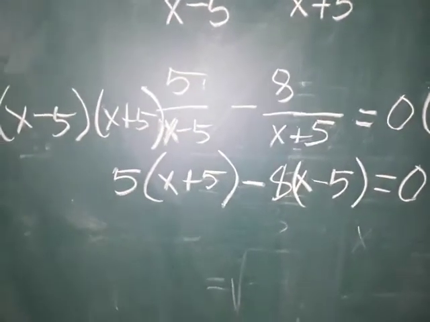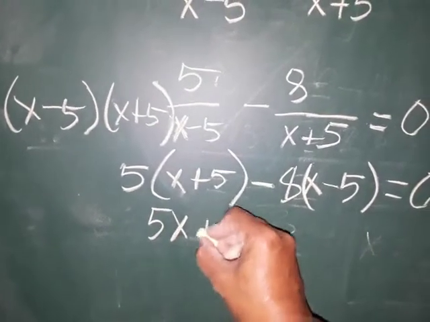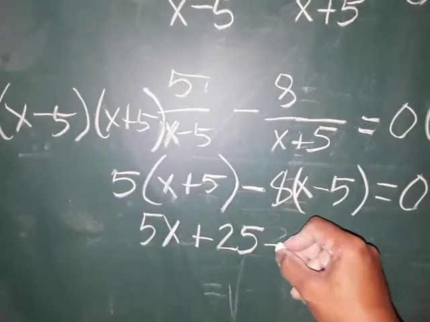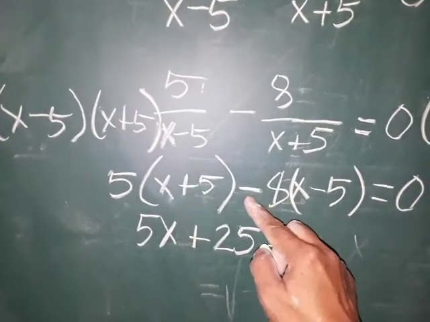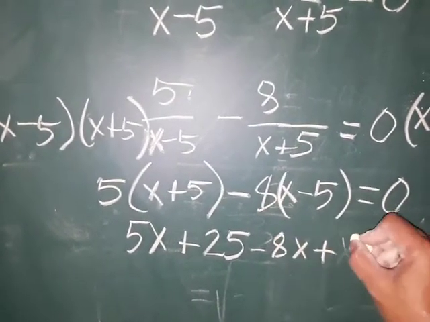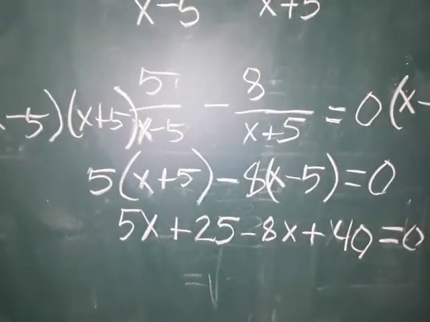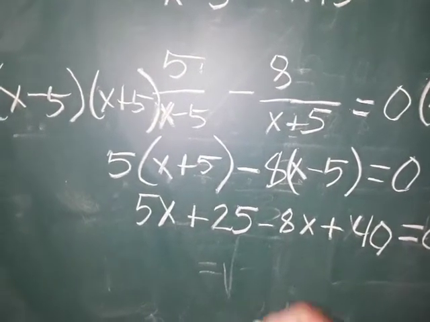Next, 5 times x, 5x, plus 5 times 5, 25, minus 8 times x, 8x, negative times negative, positive, 8 times 5, 40, is equal to 0. Combine like terms, 5x and negative 8x.